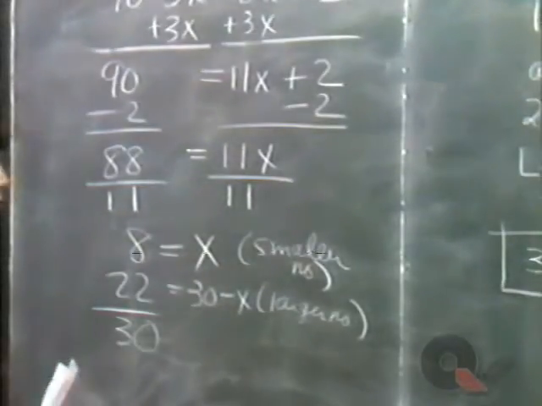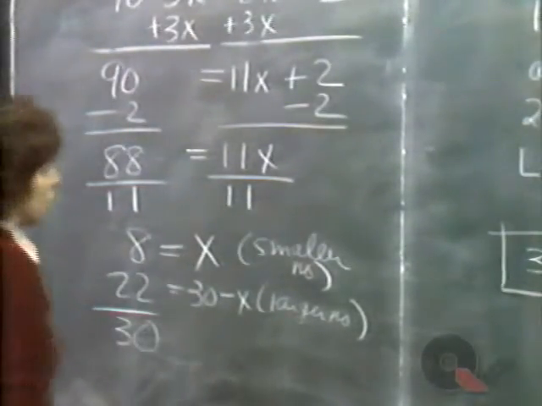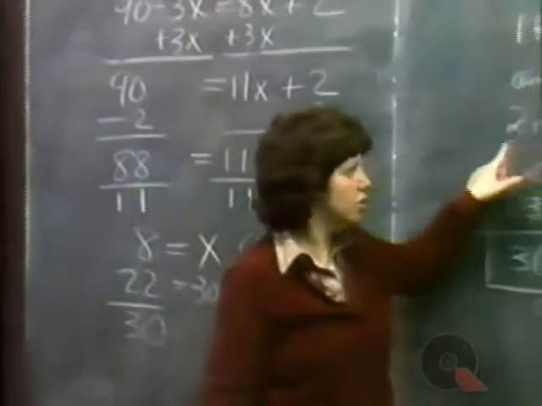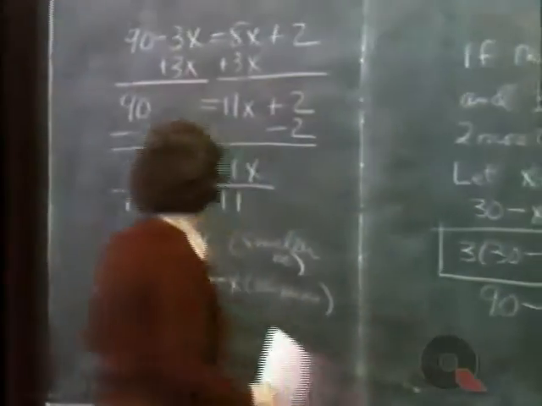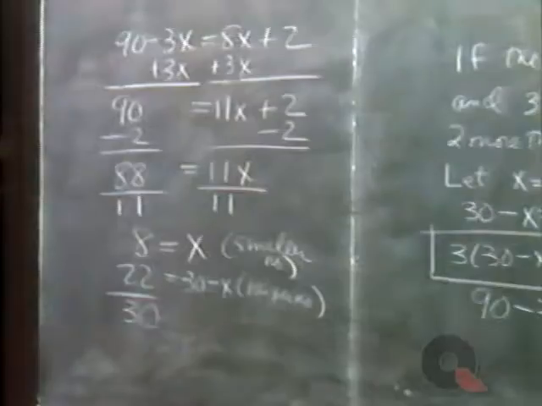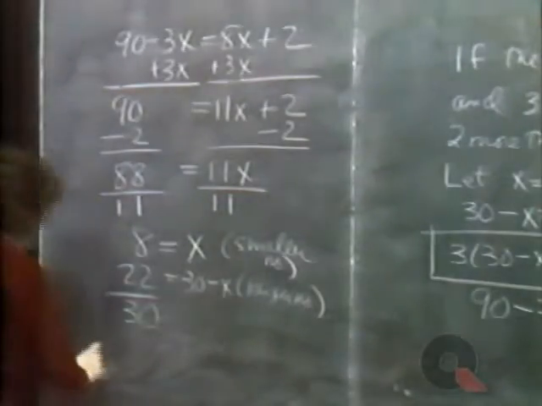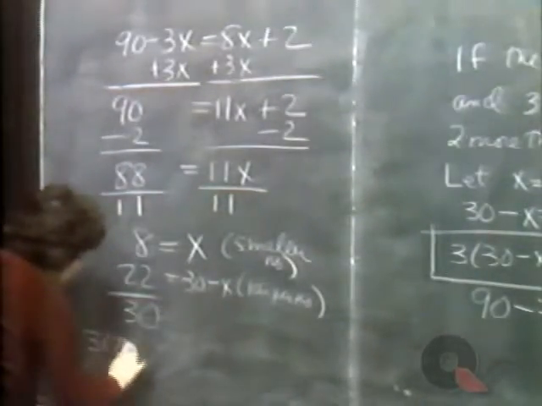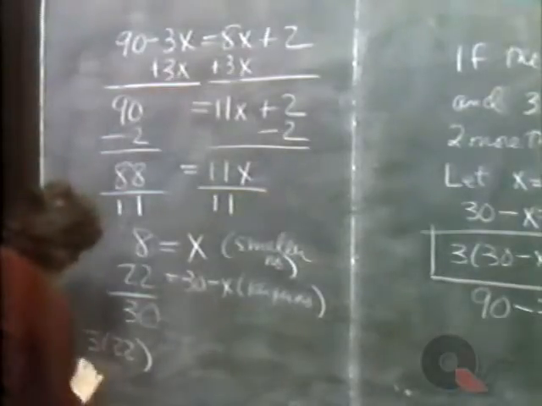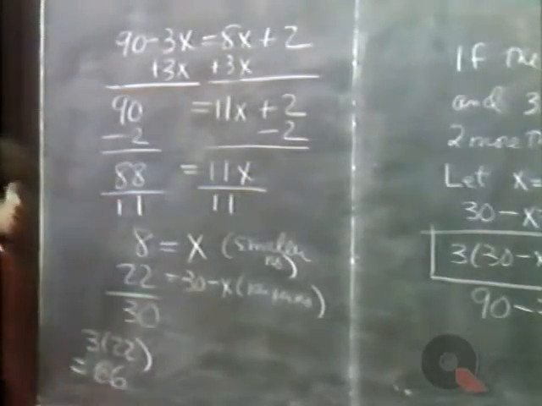And now, the condition that we want to check, is it true that 3 times the larger is 2 more than 8 times the smaller? 3 times the larger is 3 times 22, that's 66.